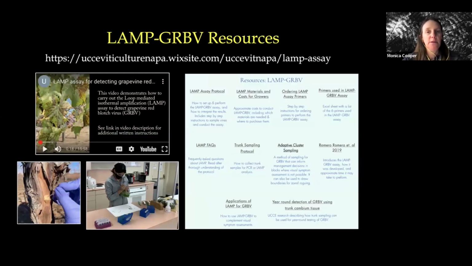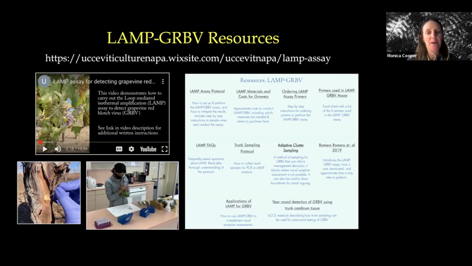So if you're interested in learning more, we have a lot of resources on our website, including a very detailed protocol. We have a cost and materials handout, how to order the primers, frequently asked questions, because inevitably, even though we try to cover everything in the protocol, there are certain questions that come up.